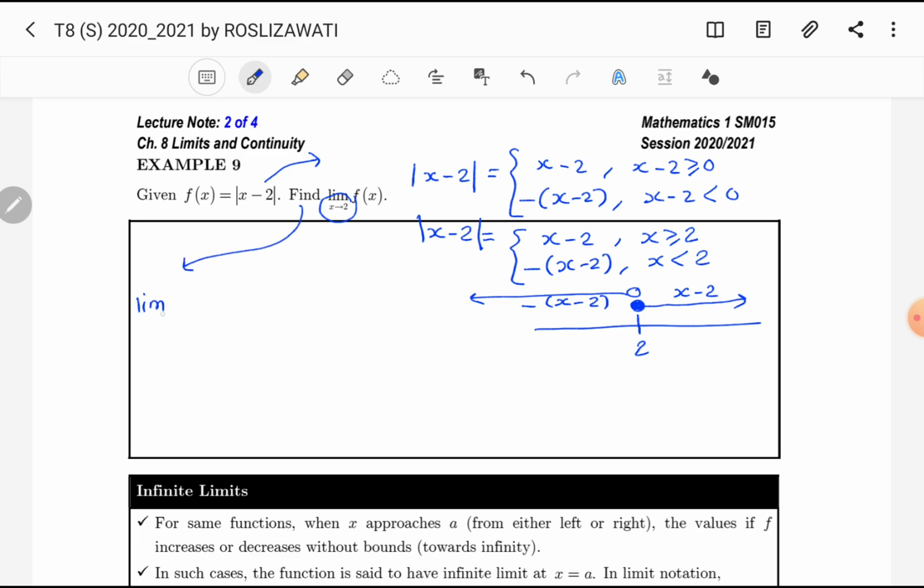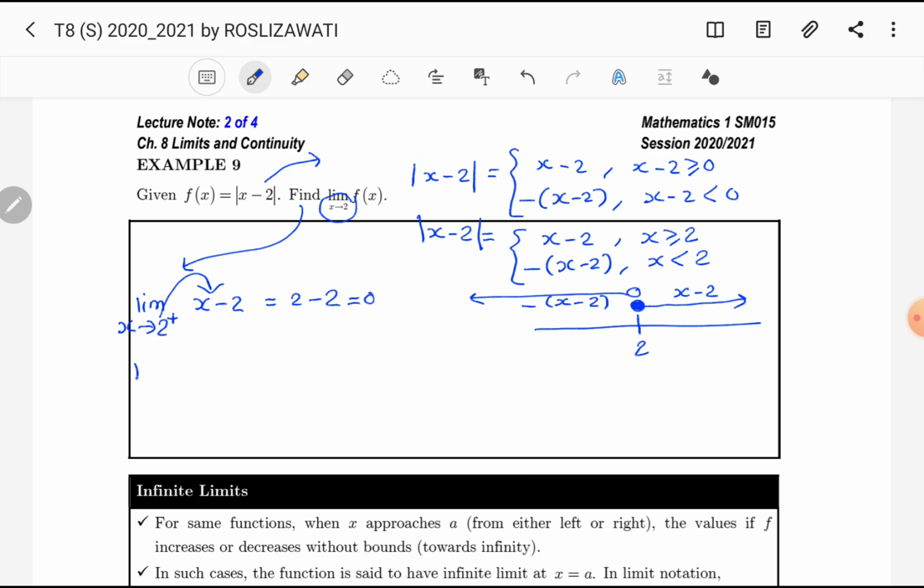Limit as x approaches 2 positive. Look at the right of 2. What is the function? x minus 2, right? 2 positive, so we will use x minus 2 and substitute 2 inside. 2 minus 2, the answer is 0.